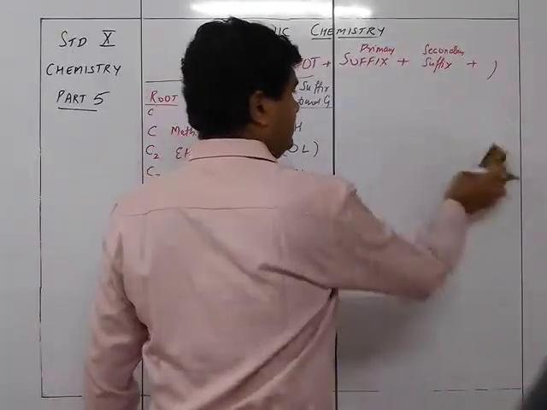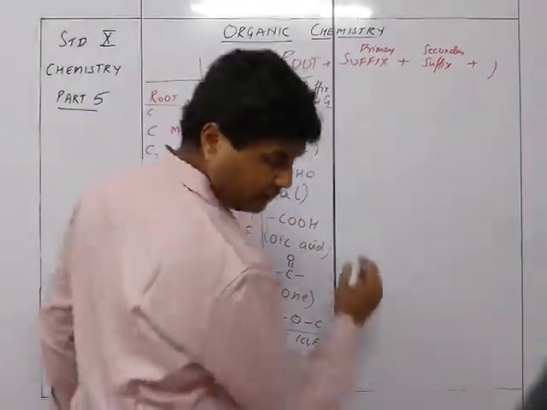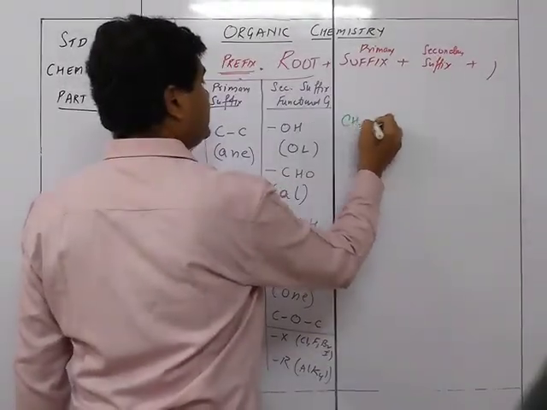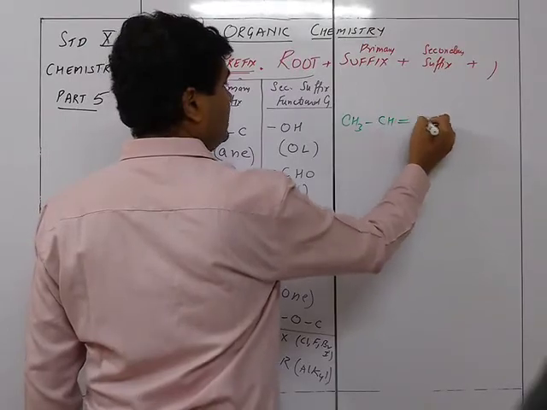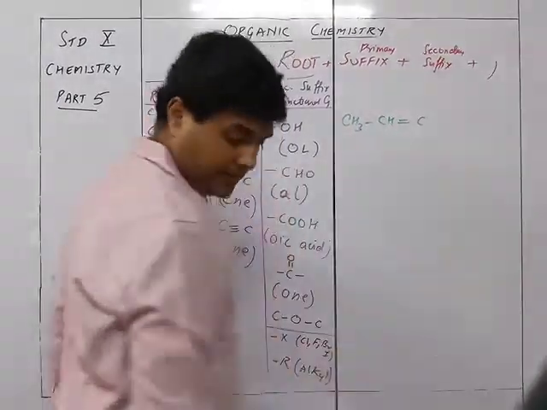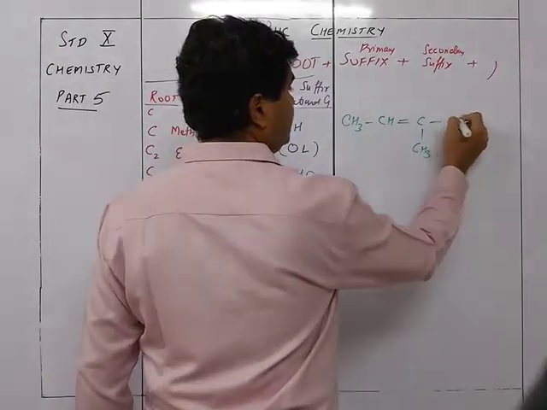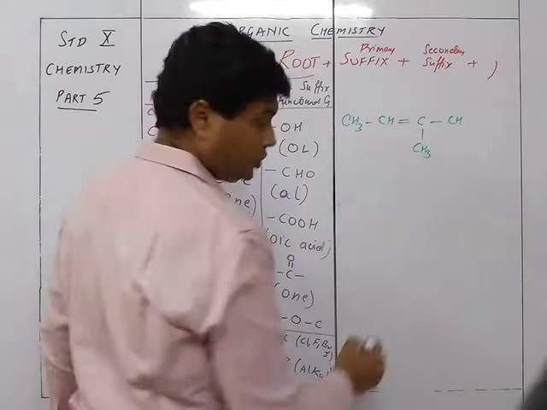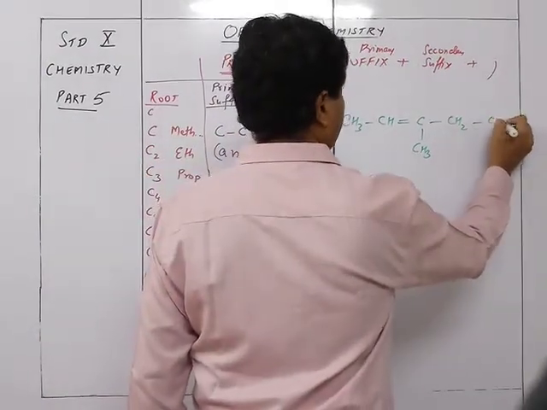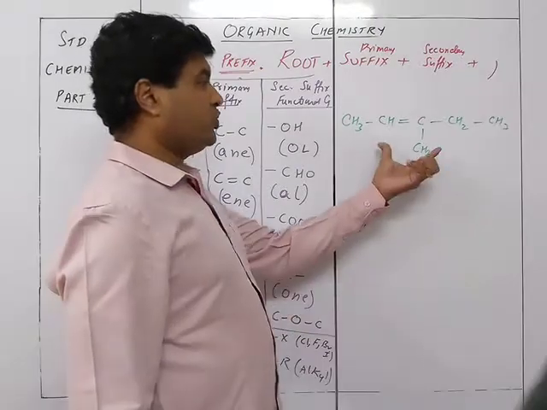Let's see the next one. The next one is CH3, CH, double bond, CH, sorry, double bond C, and then it will be CH3, CH2 and CH3. Now the question is where should we start the numbers?